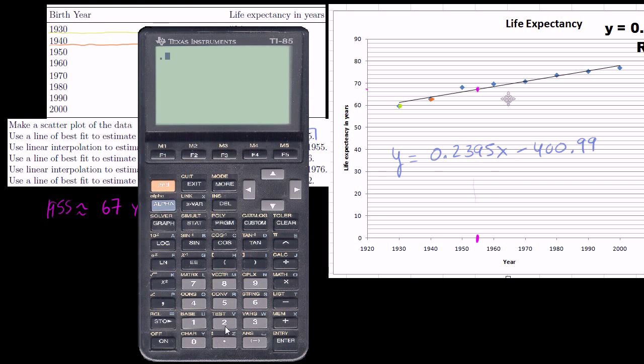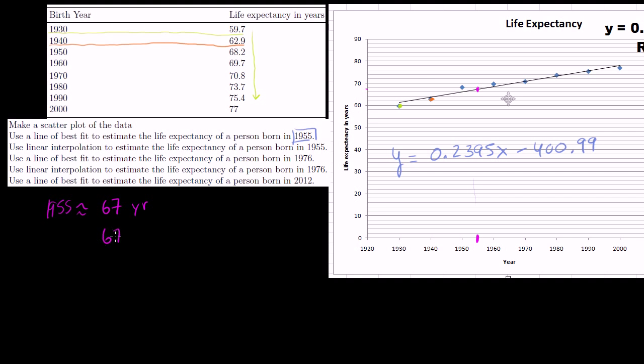So we have 0.2395 times 1955, that's our x value, minus 400.99 is equal to 67.23. So our line of best fit gives us the exact answer of 67.23 years. So our eyeballing it wasn't that far off. That's what our line of best fit would predict.